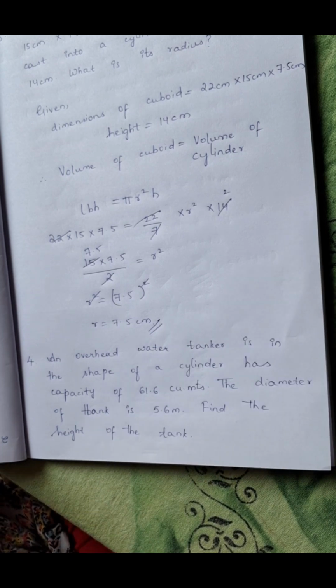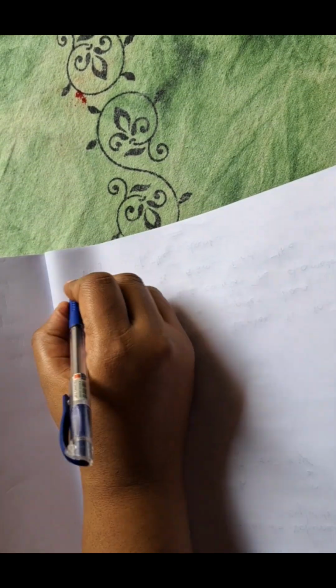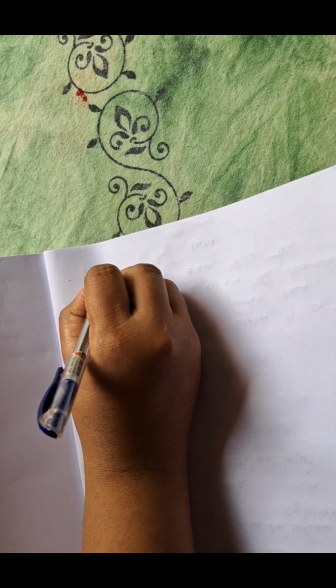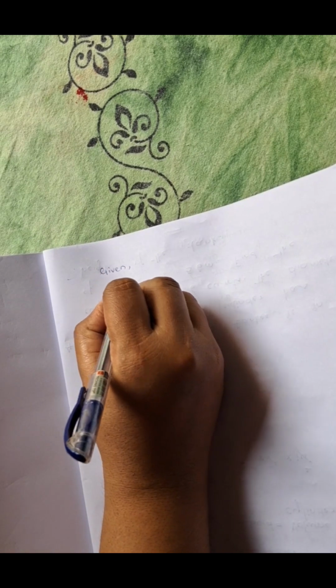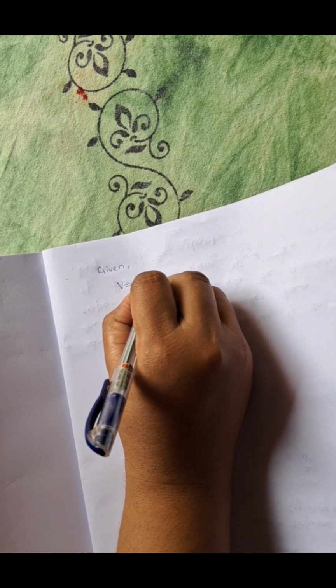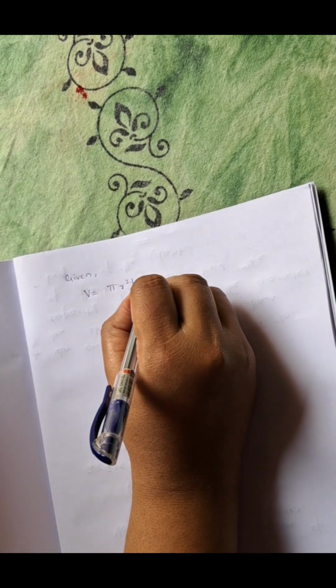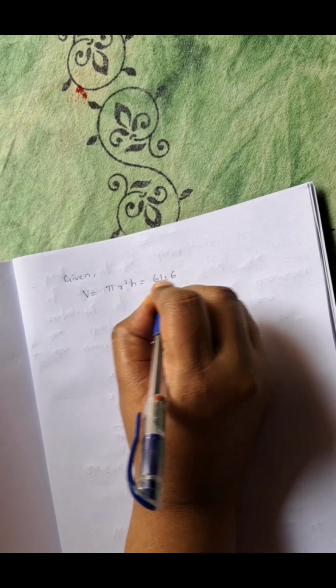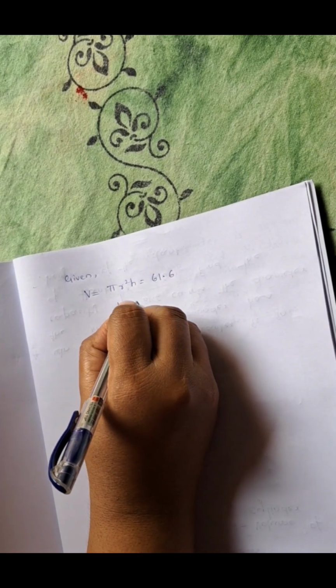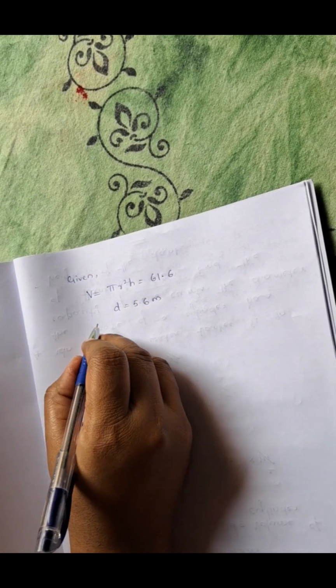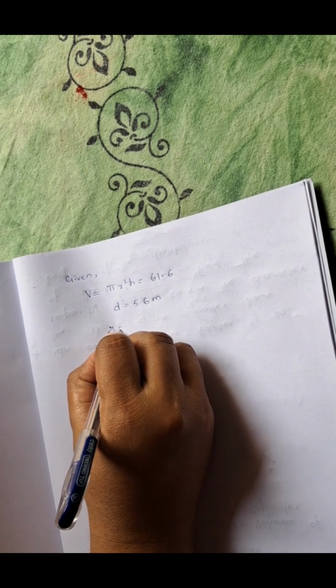Okay, let us write the given information. So here, given: volume of the cylinder is what? Pi r square h, we already know, and in the question they mentioned it as 61.6, and the diameter is nothing but 5.6 meter. So what is the radius? Half of the diameter, yes or no?